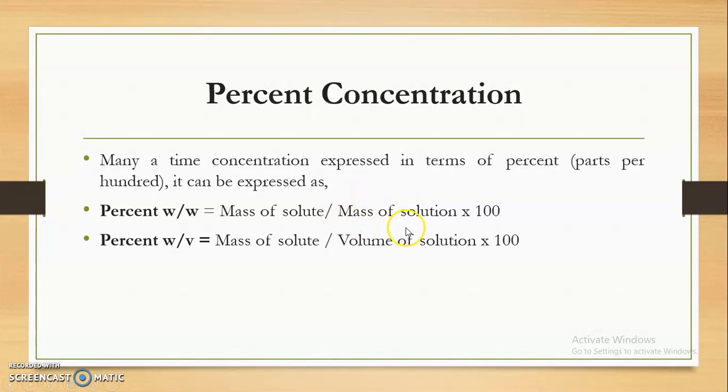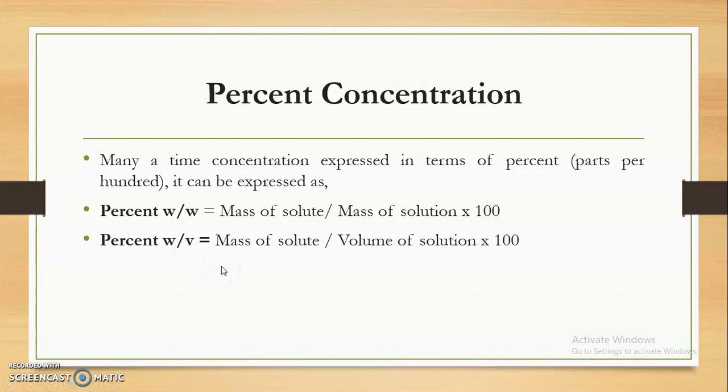So the mass of solution is replaced by the volume of solution. It means 5 grams of solute taken into 10 ml of solvent, multiplied by 100. That is nothing but the percent weight by volume.